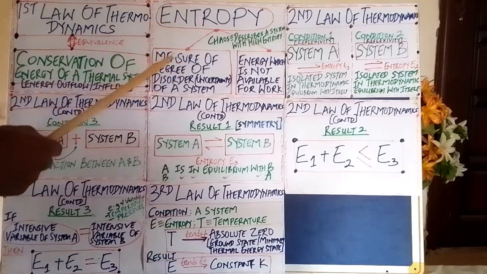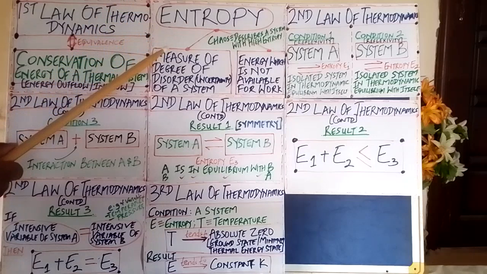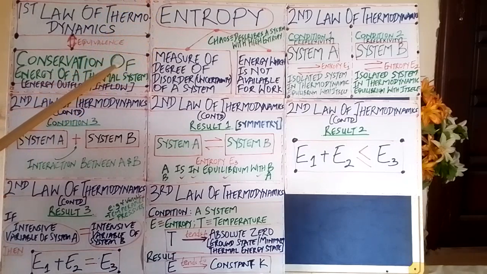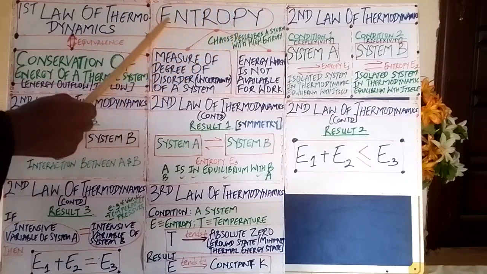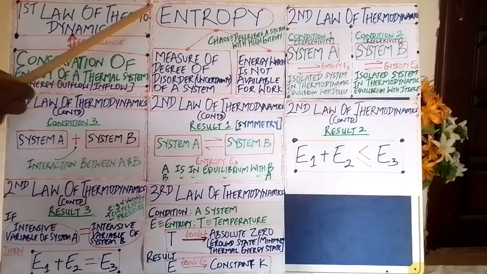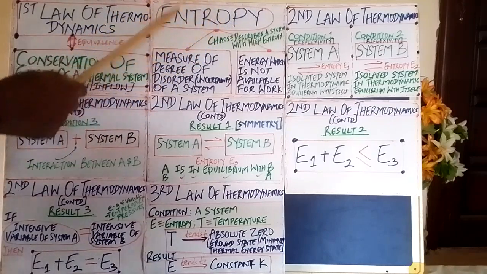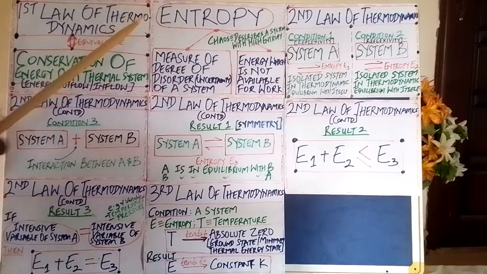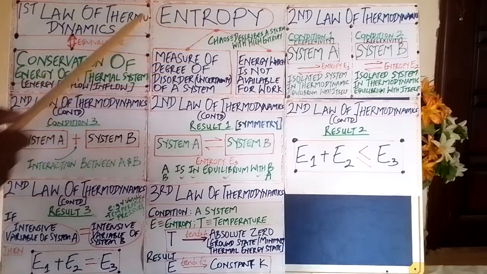Then, before we consider the remaining two laws, the second law of thermodynamics and the third law, we want to briefly explain the concept of entropy. This is a very important concept in thermodynamics. In one of our episodes we mentioned that another field of study synonymous with thermodynamics is statistical mechanics, or statistical physics.